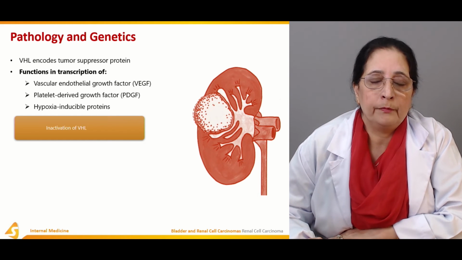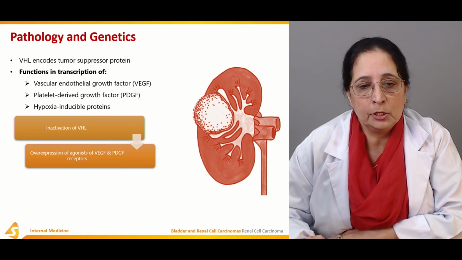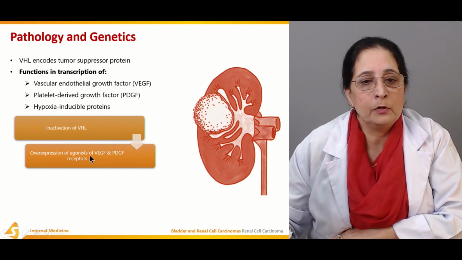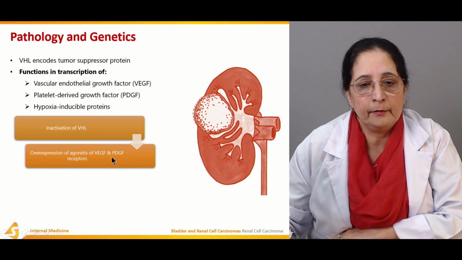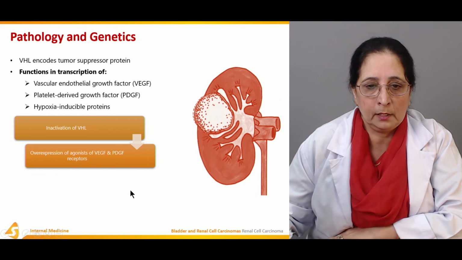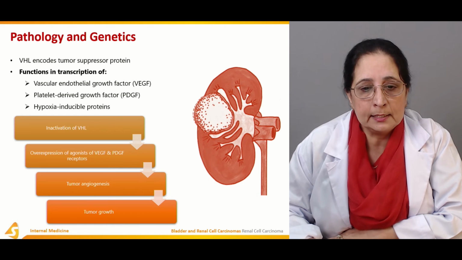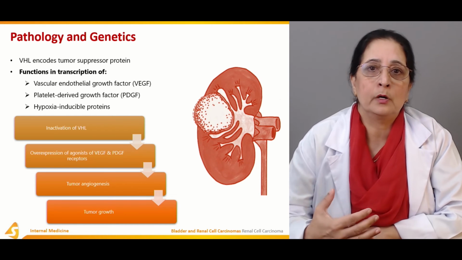Inactivation of von Hippel-Lindau causes overexpression of agonists of the VEGF and PDGF receptors, then it causes tumor angiogenesis, and then tumor growth.